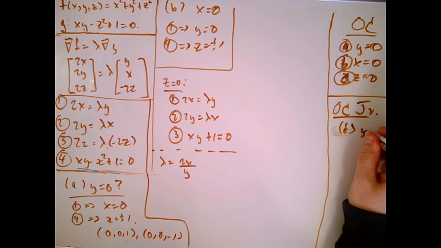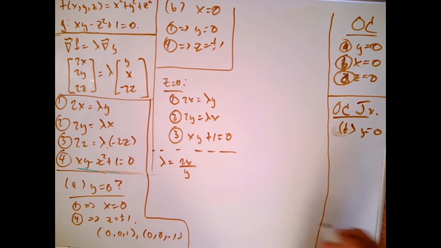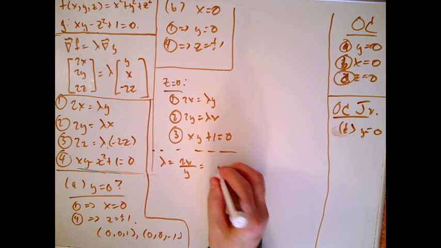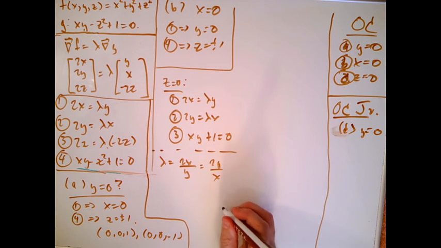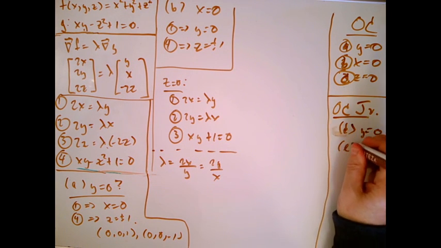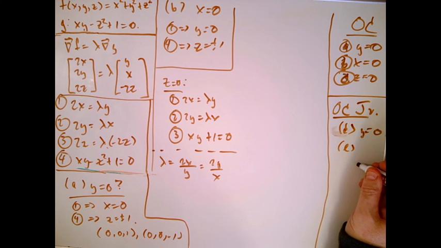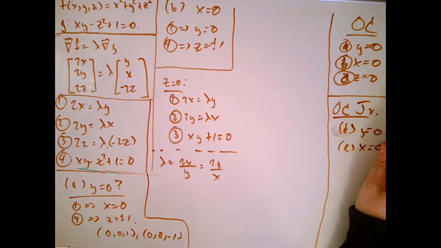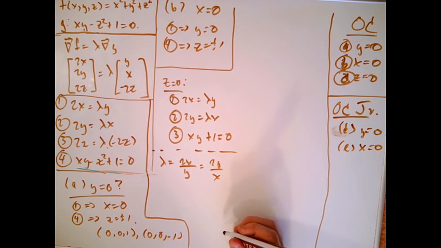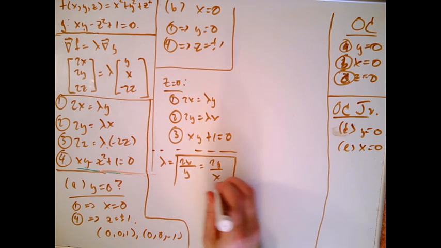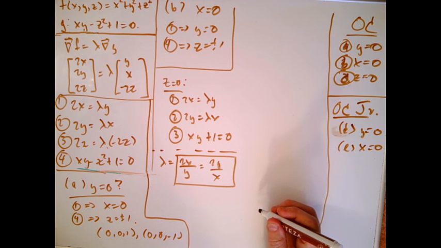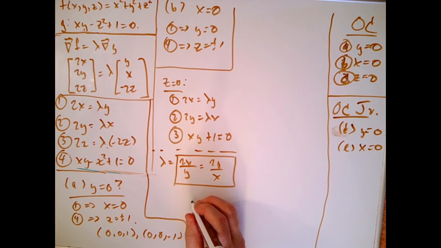What happens if y equals 0? Meanwhile, in equation 2, I divide by x, I get 2y over x. And in oh crap junior, I have to worry about what happens if x equals 0. But that's it. So what I'm going to do is just look at this little piece right here, and I'm going to solve the same way I did before.